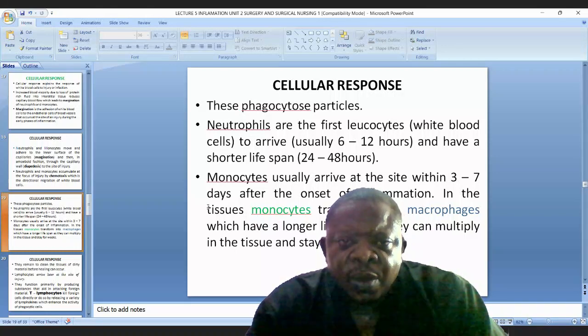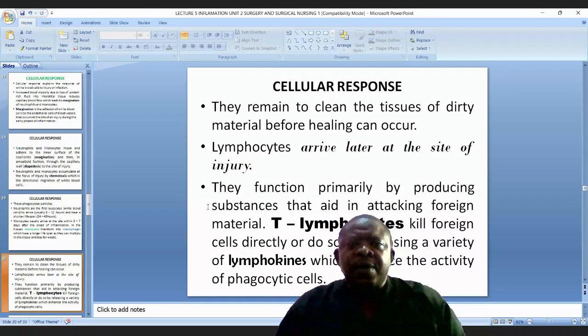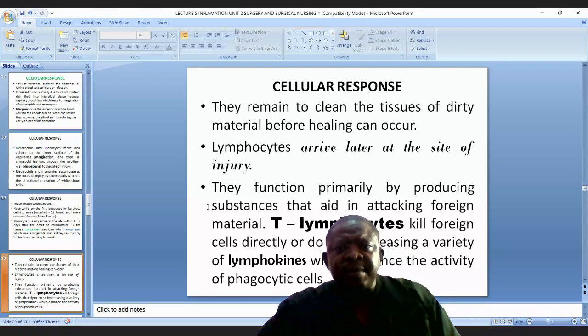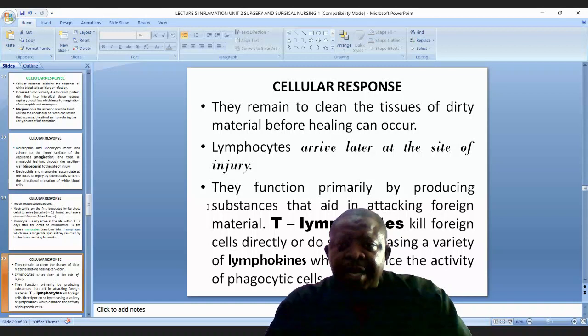So here we are establishing that in the cellular response, white blood cells will arrive after 6 to 12 hours and have a shorter lifespan. Okay, then to do with the cellular response, the white blood cells remain there, that is outside the blood vessel, to clean the tissue of dirty materials before healing can occur.